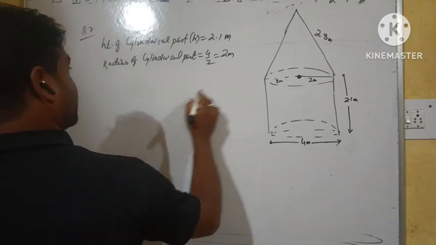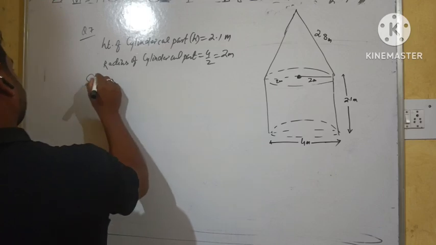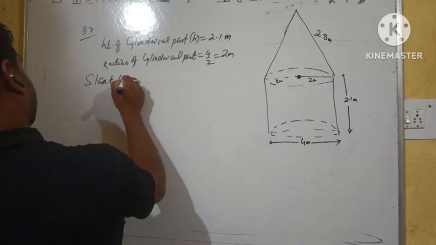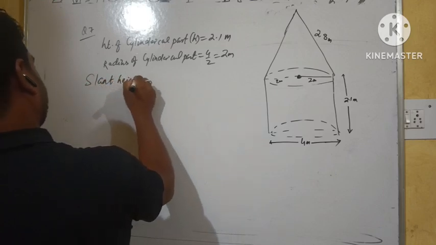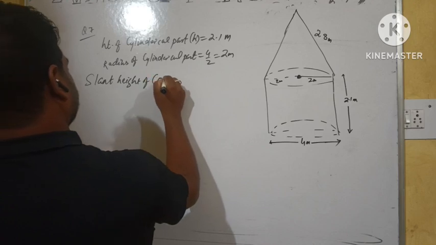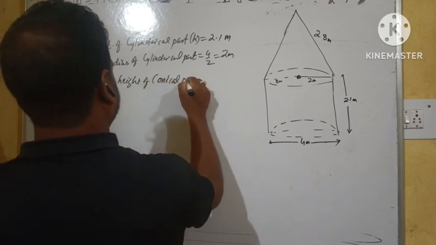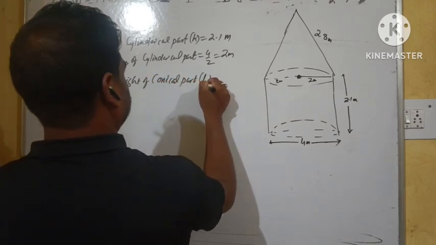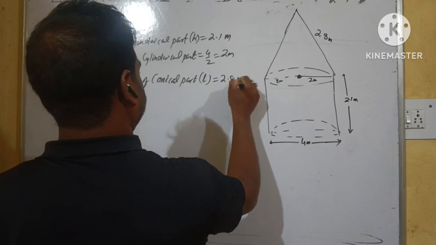The slant height of the conical part, l, is 2.8 meter.